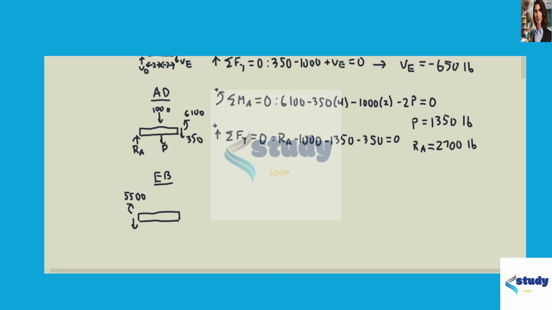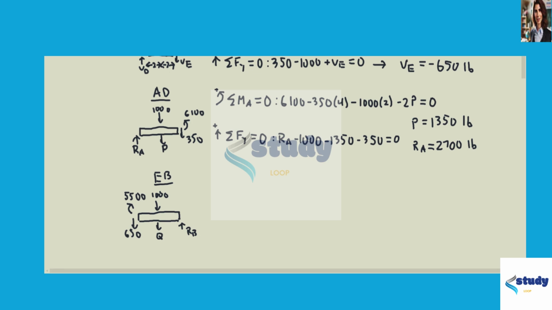We'll have the shear at E, 650. At the other end, we'll have the reaction at B. We'll have our resultant from our uniform load and our unknown Q.